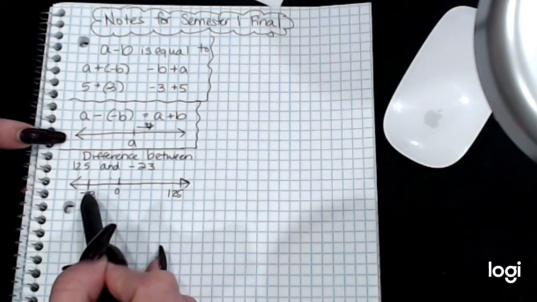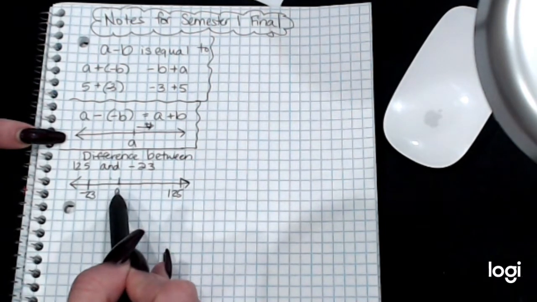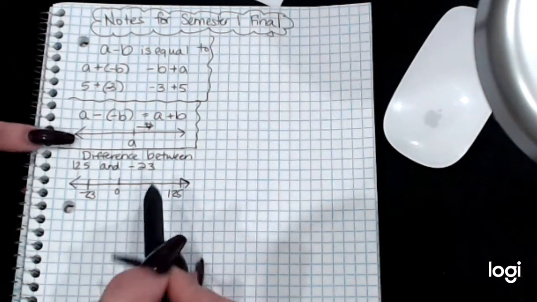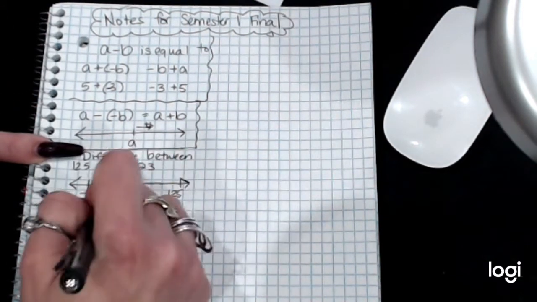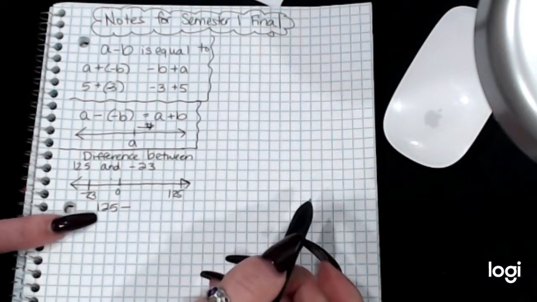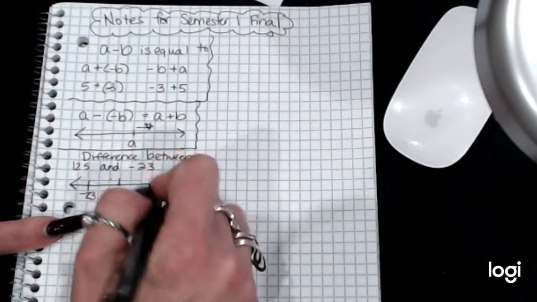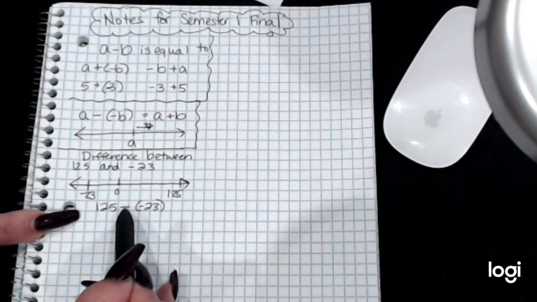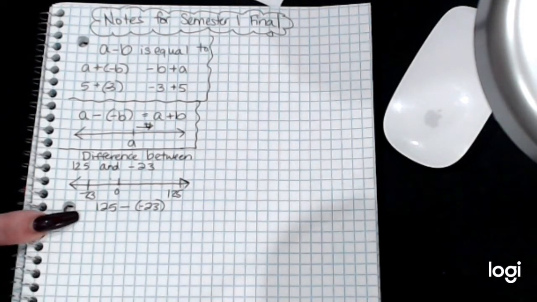So you need 23 just to get to 0. Plus you're going to add 125. Also remember that difference means subtraction. So what we're saying is, what's the difference between 125 and negative 23? Meaning we're going to subtract negative 23 from 125.